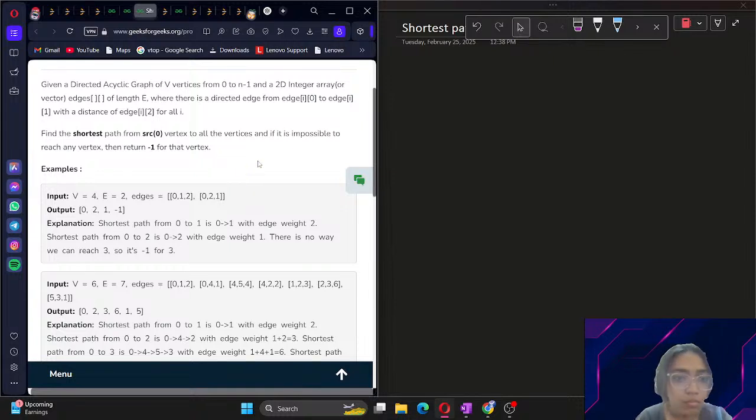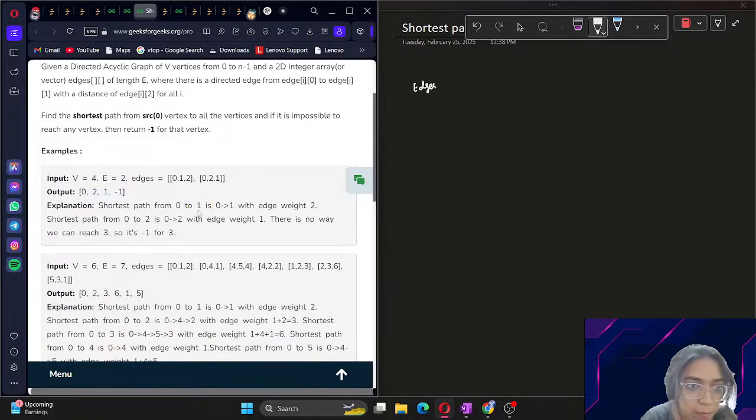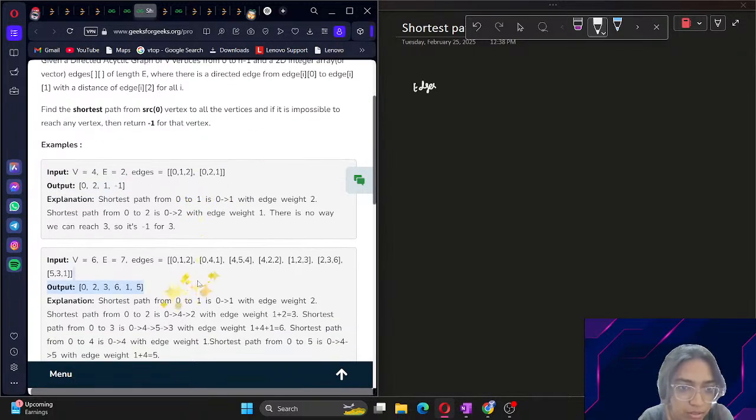Okay. So what we have here is a vector of edges. Instead of taking this, let us take this. And what we are given is this.